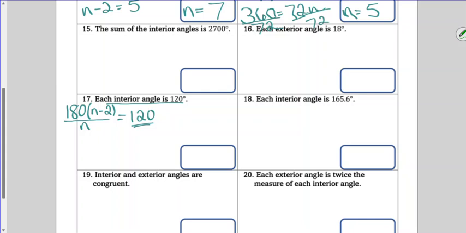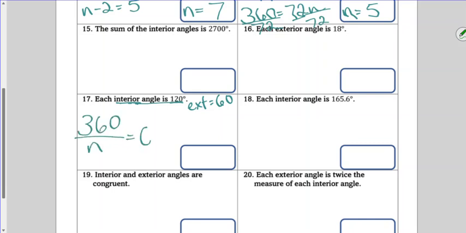I'm not going to do that. I'm going to think about, well, if this is the interior angle, then the exterior angle is 60. It's just supplementary with that. So 360 divided by some number of sides equals 60. So that one has 6 sides.